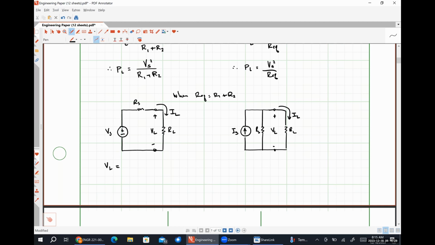So what would VL be for my practical voltage source representation here? How might we figure that out? Voltage division, absolutely right. So using voltage division, I could say that VL is going to be VS times RL over RS plus RL.